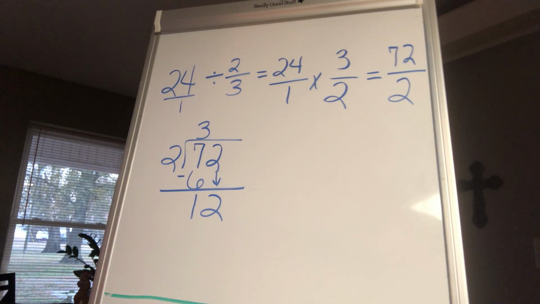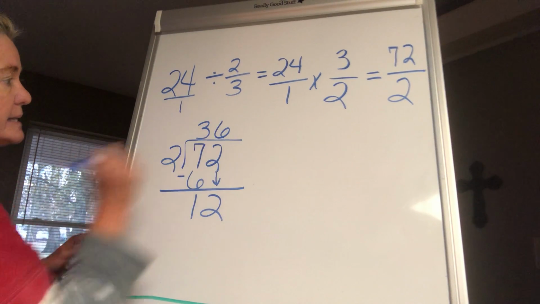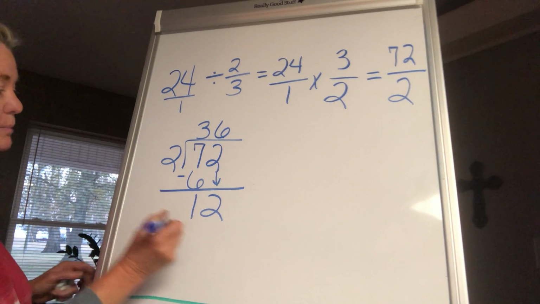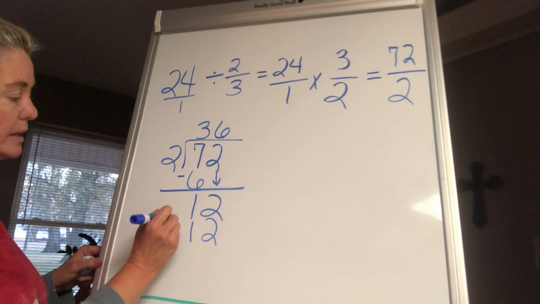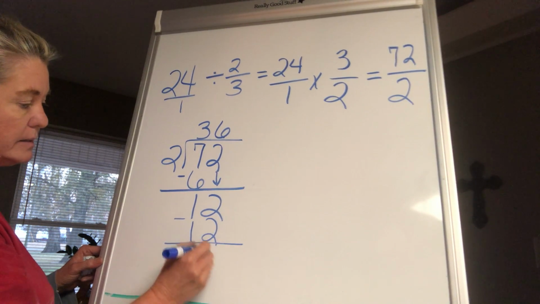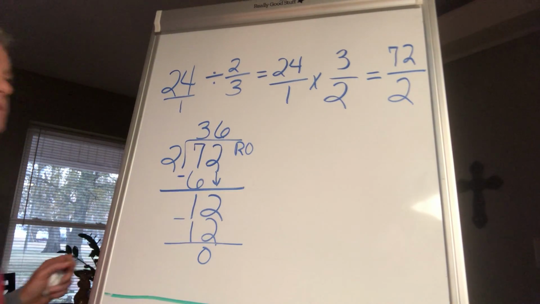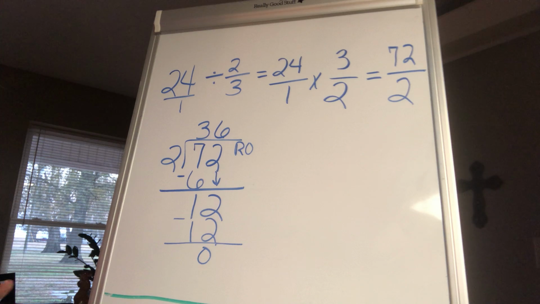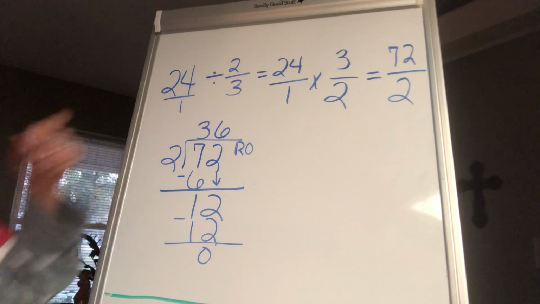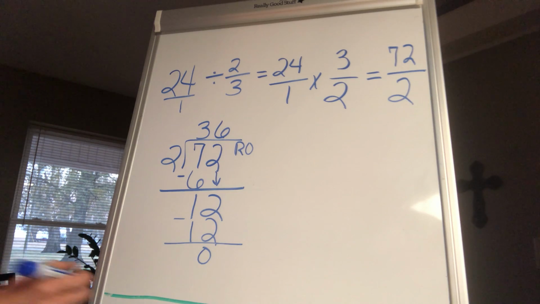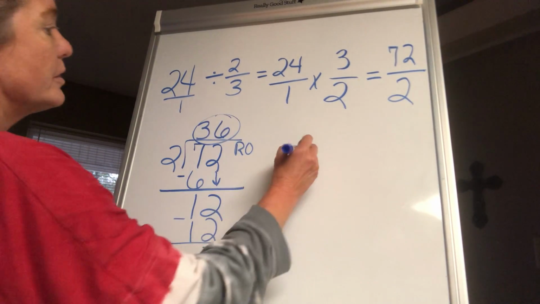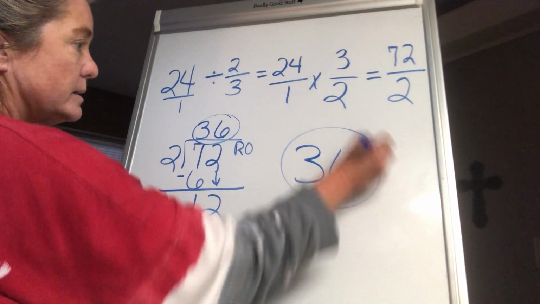And 2 goes into 12 6 times. 6 times 2 is 12. And if I subtract, I get 0. So I have a remainder of 0. So now I know that that box of cereal, if she only eats 2/3 cups each day, will last her for 36 days.